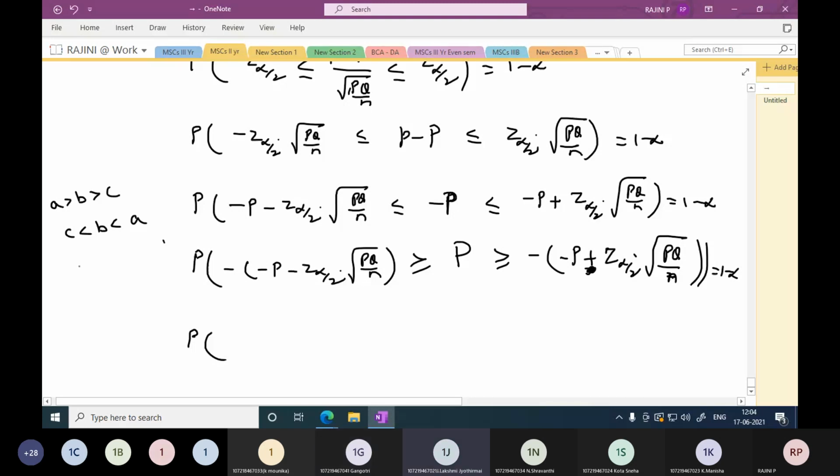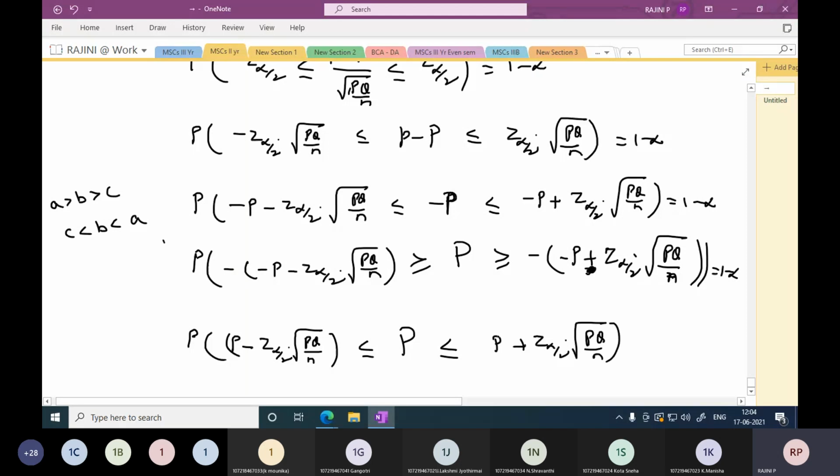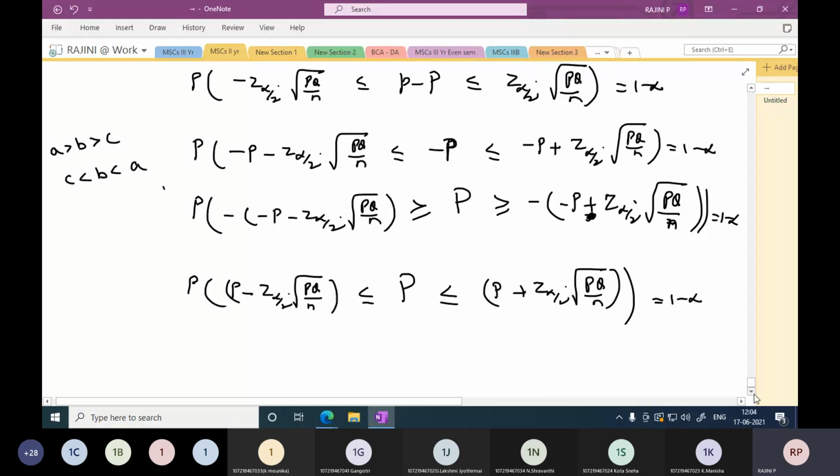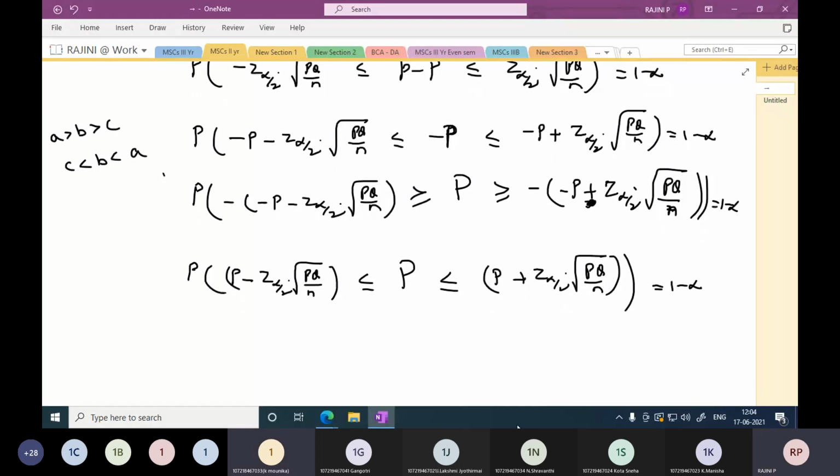Now here also I am writing this, and if I take the minus inside, what will I get? p minus Z alpha by 2 under root PQ by N less than or equal to capital P less than or equal to p plus Z alpha by 2 under root PQ by N, which is equal to 1 minus alpha. Did you understand, everybody?